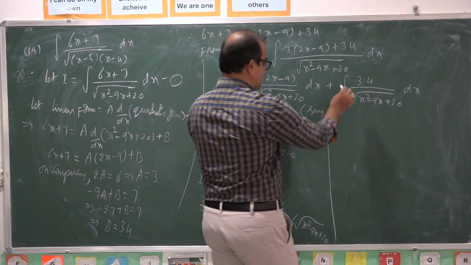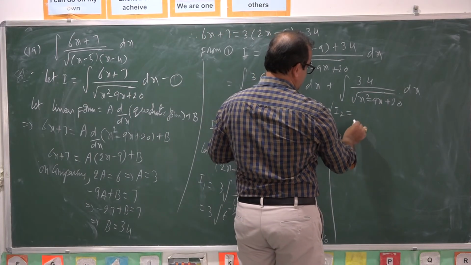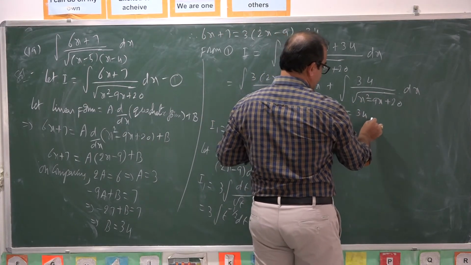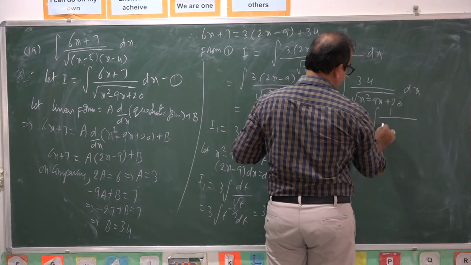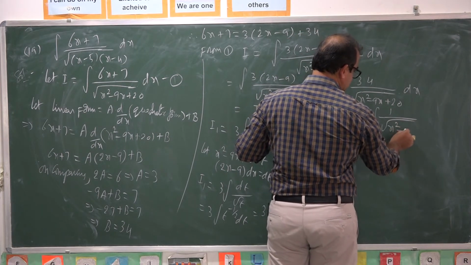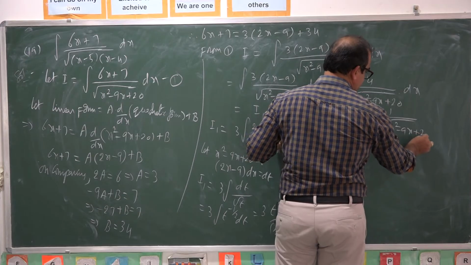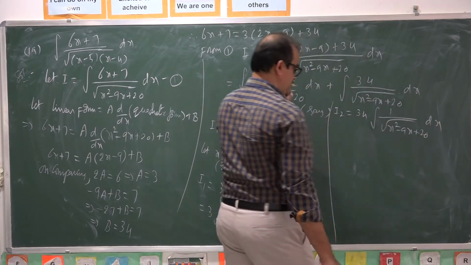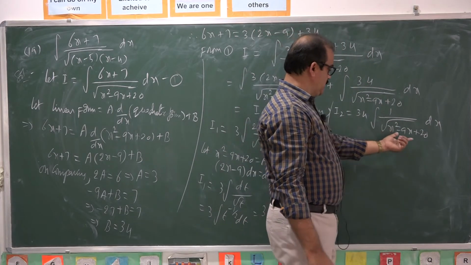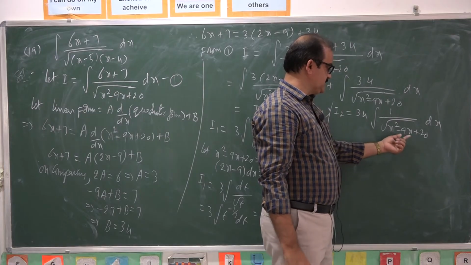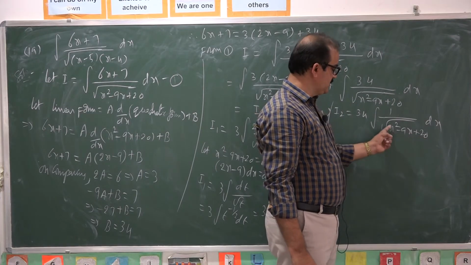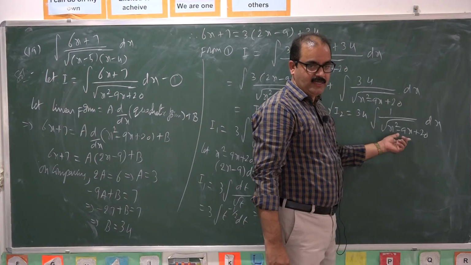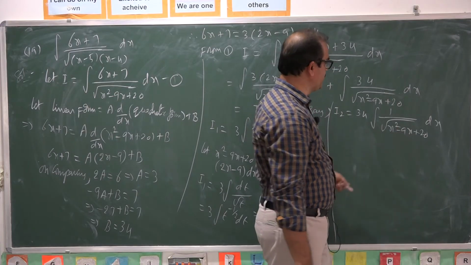I2 is equal to the second integral. 34 is constant, 34 into integral 1 by root of x square minus 9x plus 20 into dx. Now what is the quadratic form here? x square minus 9x plus 20. You express this quadratic form as a perfect square.